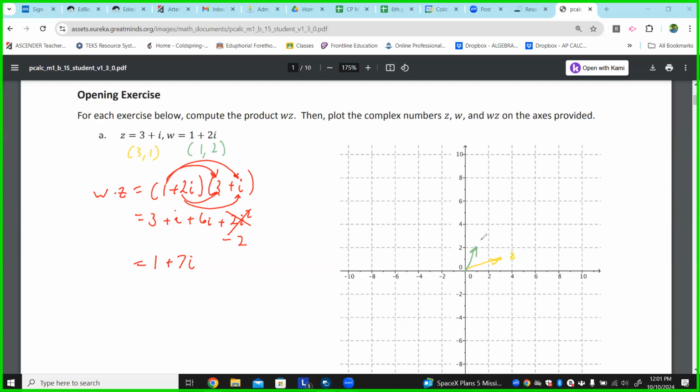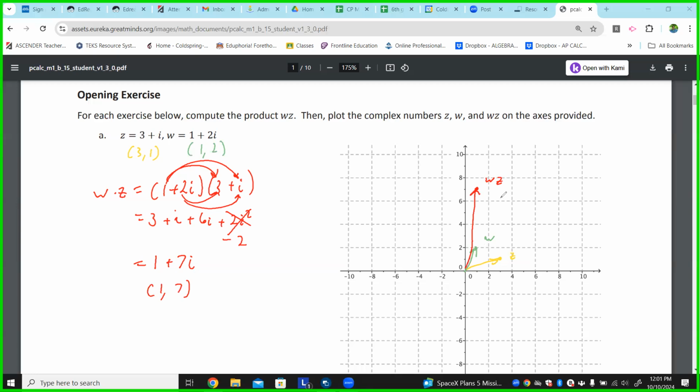So there we go right there. And then this is W. And then going back to my red pen, what is the W times Z's coordinate? Yeah, so that is WZ.